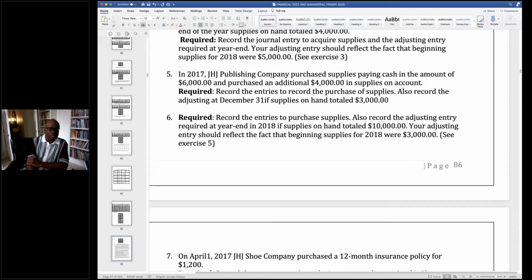This is the publishing company, a new company. What's the adjusting entry going to be? 7,000. Right. You asking me or telling me? I'm telling you, because 6,000 and 4,000 is 10,000, and then we only have 3,000 left. So 10 minus 7 is 3. I mean, sorry, 10 minus 3 is 7,000.